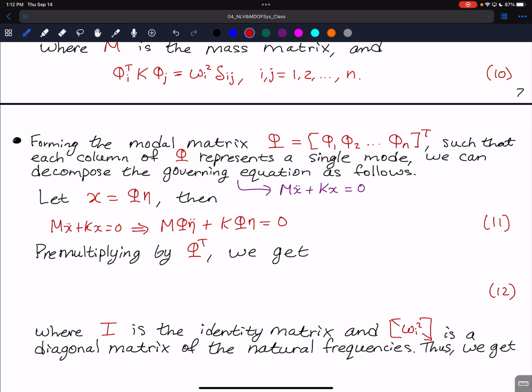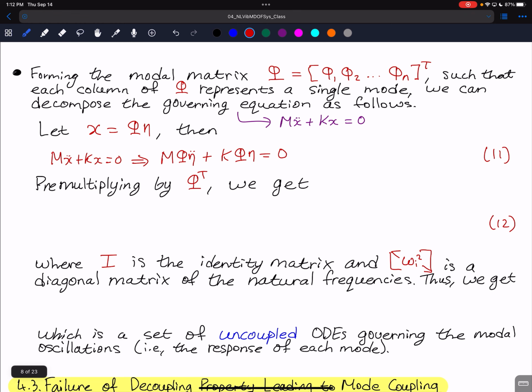We then pre-multiply by big Phi transpose to get Phi transpose M Phi times eta double dot plus Phi transpose K Phi times eta equal to 0.